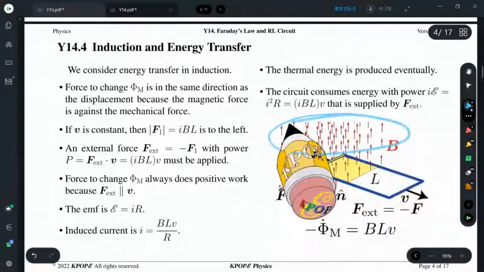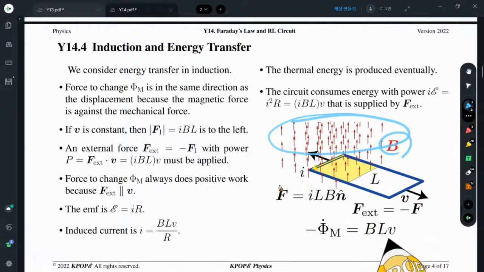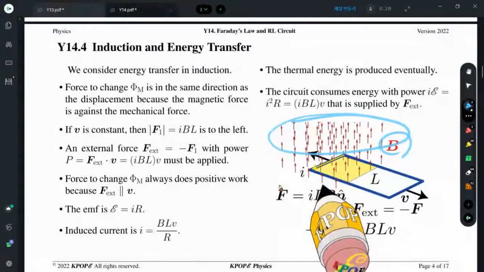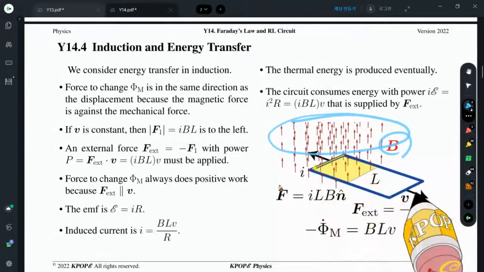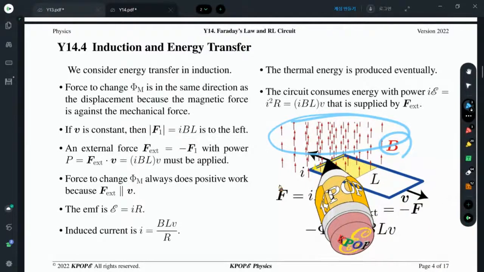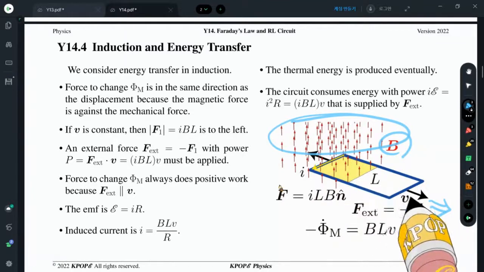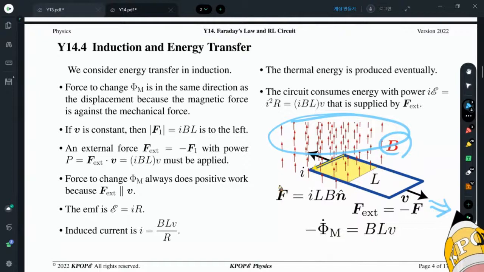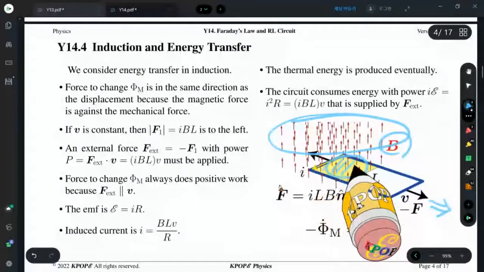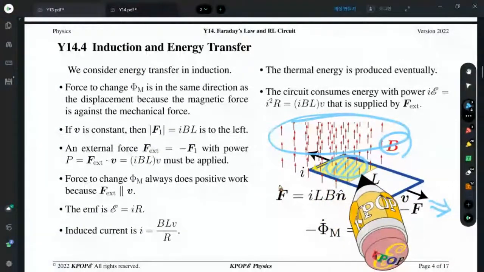We have a constant magnetic field, and we would like to see what's happening. We are moving this circuit in this direction. When it is moving in this direction, the flux passing through this yellow area decreases, because the area of this yellow region decreases.